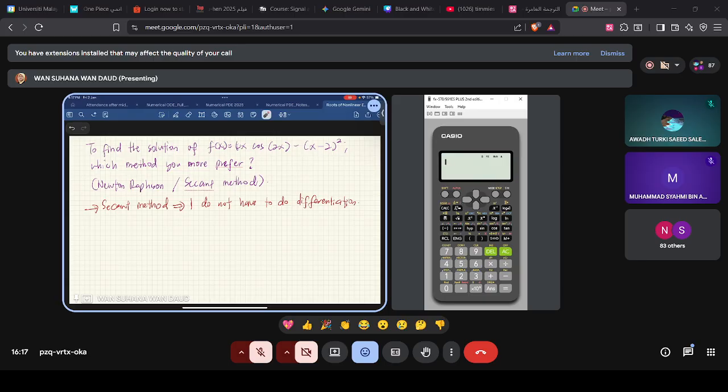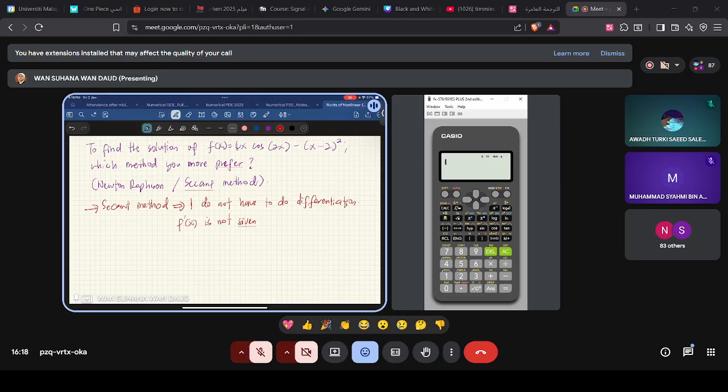You agree with me? If f'(x) is not given, it is too difficult to find it. So I choose the second method. However, if f'(x) is given, I will choose Newton-Raphson.